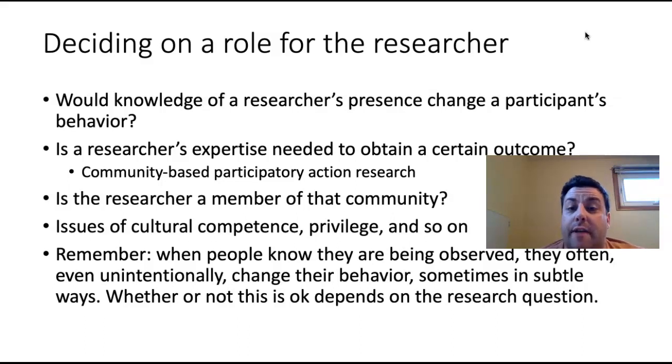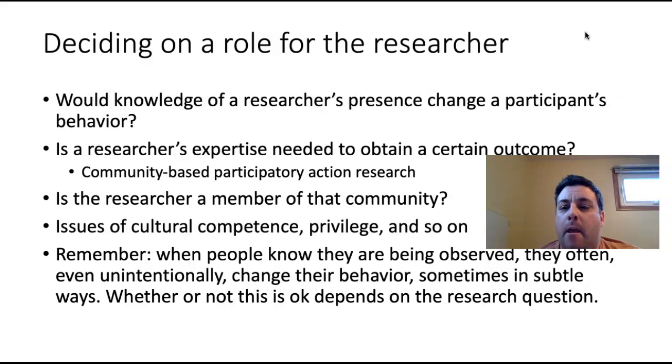Sometimes a researcher's expertise is needed to move the process along or to achieve a certain kind of outcome. This particular field of research is often called community-based participatory action research. Sometimes you hear it just as participatory action research. And this is oftentimes when a marginalized community is trying to get the attention of policymakers or a corporation or something like that.